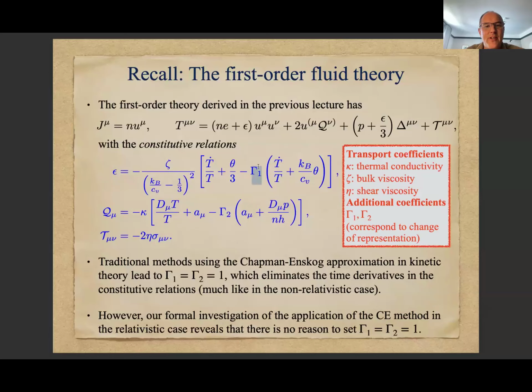That would correspond here to choosing gamma 1 and gamma 2 equal to 1 exactly. This would eliminate T dot here and the acceleration here. But in fact, there's no reason to do so, as we showed last time. And for what we're going to do, we're going to assume that this is precisely not the case. For hyperbolicity and so on, it is not a good idea to choose this equal to 1.